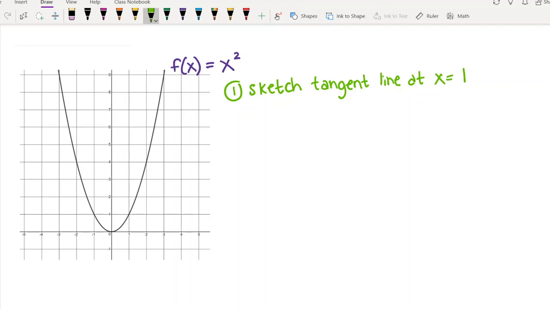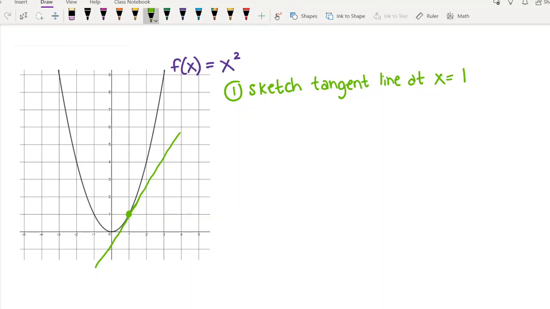So if we go to our graph and go to x is equal to 1 and put a point here, I'm going to try to make a line that barely touches the graph, something like that. That's definitely not perfect, but it's the right general trend.